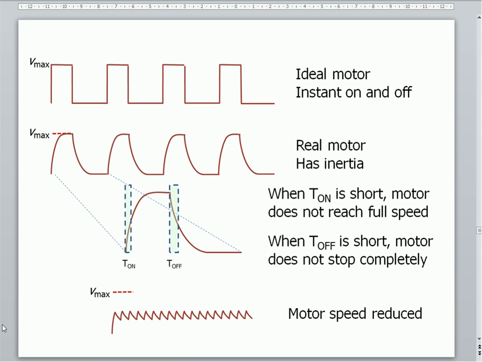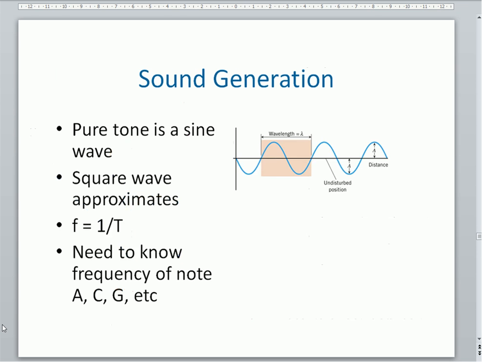Let's look a little at sound generation. You might recall that a pure tone is a sine wave of different frequencies. A square wave approximates that. I know this doesn't look like a square wave, this is a nice sinusoidal wave, but it's good enough for what we want to do. It might not sound that good, but if you're trying to generate noises, that's great.